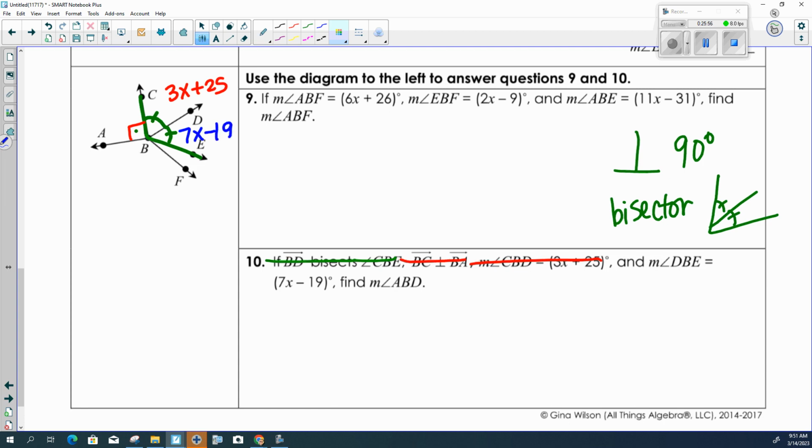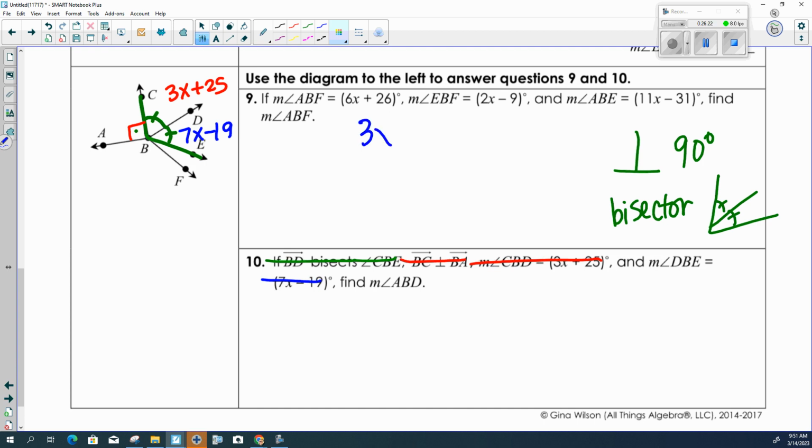Yes, Peyton? Do we use segment addition postulate for this problem? Do we know the whole? No. So on this one, we are using this idea, like Bronson was saying, that an angle bisector makes two equal angles.